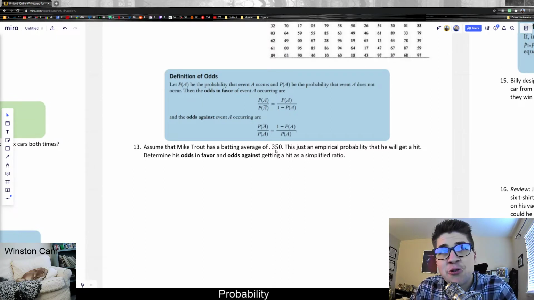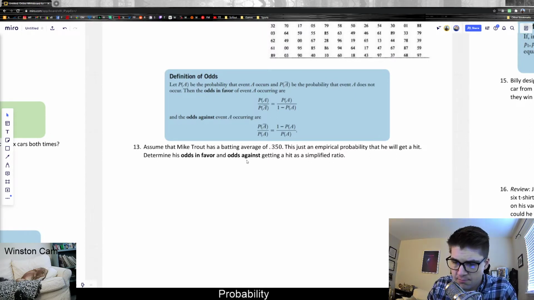But obviously a true probability would be a lot more difficult to calculate and would be based on a lot of different factors. But let's go ahead and determine his odds in favor and the odds against him getting a hit using odds notation. So, as our textbook says, odds in favor would be the probability of A divided by the probability of A bar.